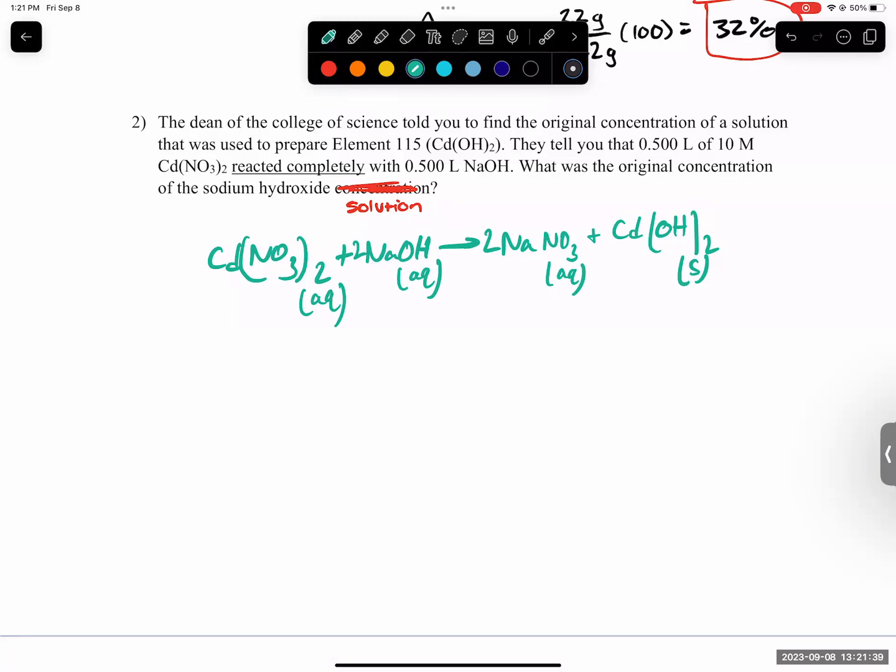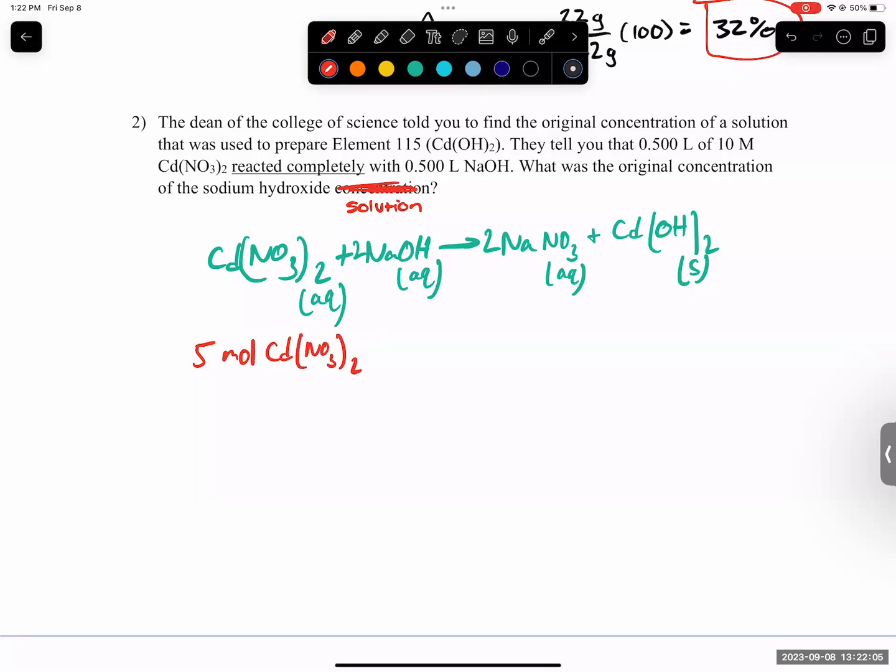All right, this is the balanced equation. All right, they tell you that 0.5 liters of 10 molar Cd(NO3)2 reacted. How many moles of cadmium nitrate do I have then? Yeah, it's just 5. So 5 moles of Cd(NO3)2.